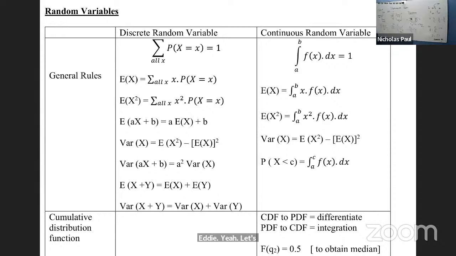Let's go. So we're going to take a look at discrete variables. No integration, but you have to be able to find it.